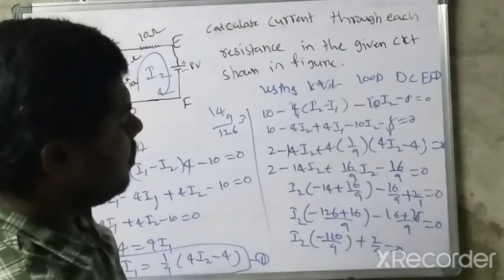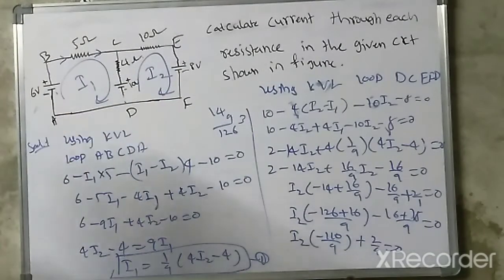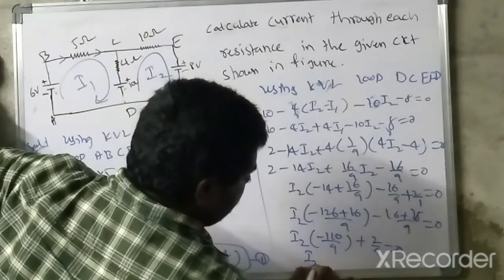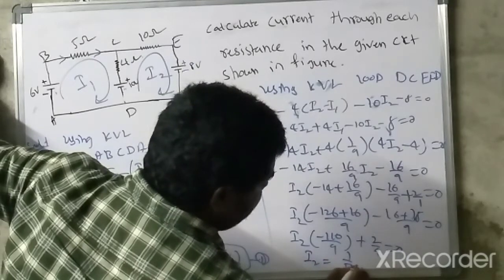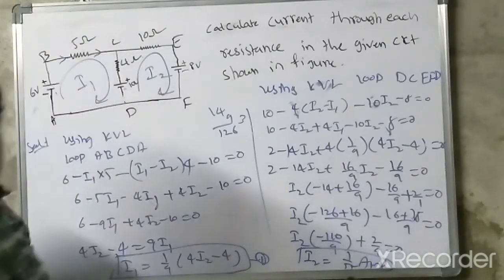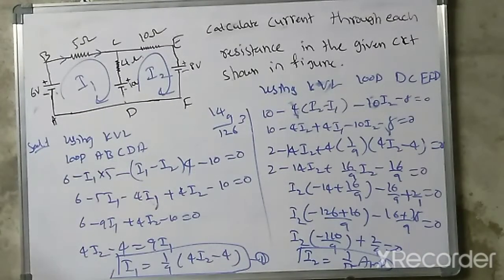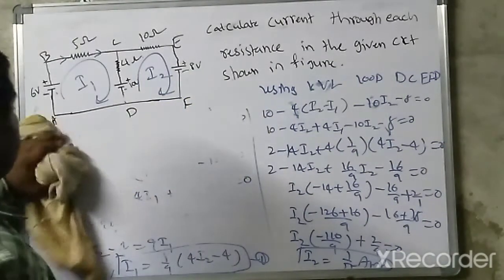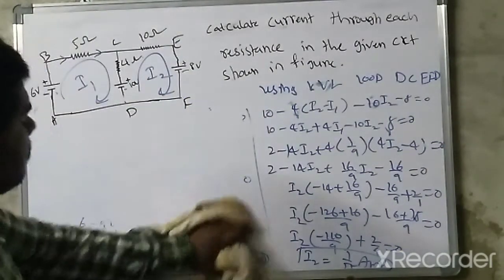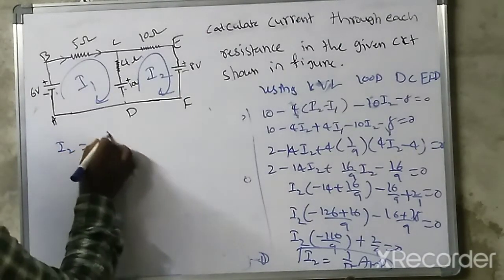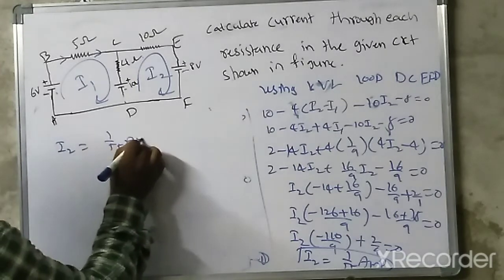So from this one, I2 is equal to 1 by 55 ampere.